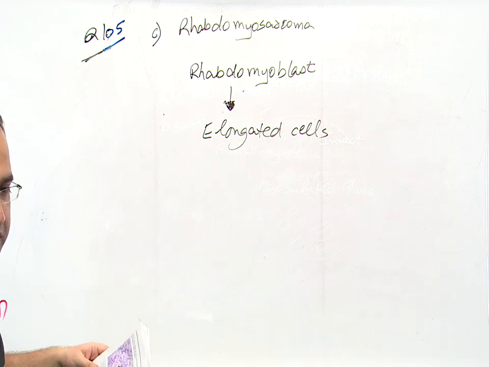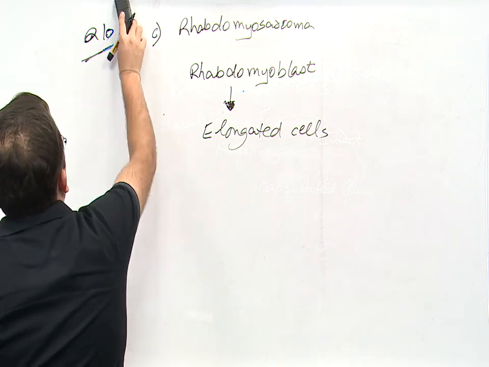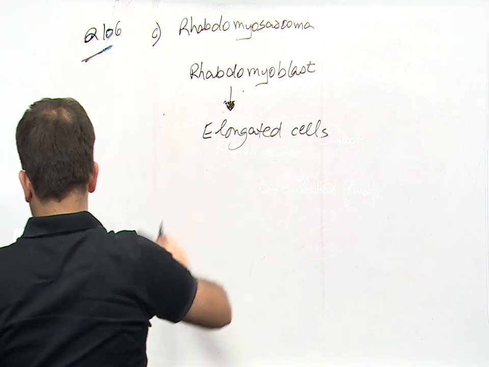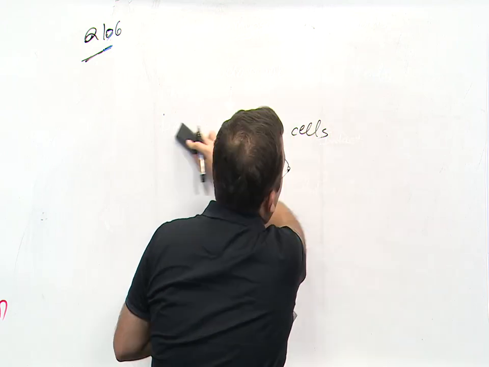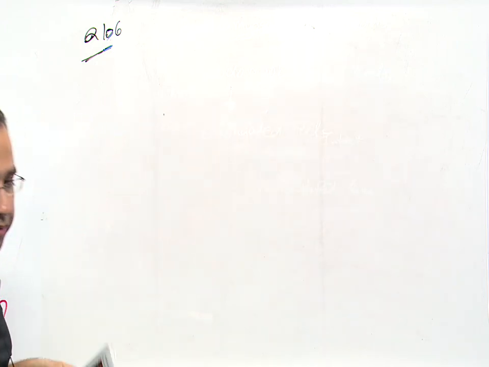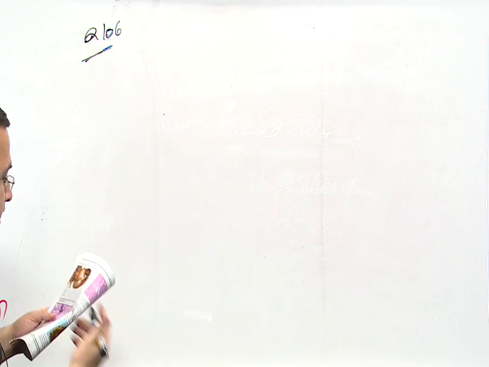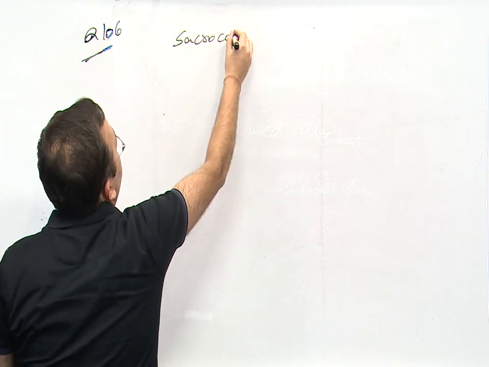Next, question 106. Marker for teratoma. This is a sacrococcygeal teratoma. You can clearly make out it is a teratoma which is seen in the sacrococcygeal region.